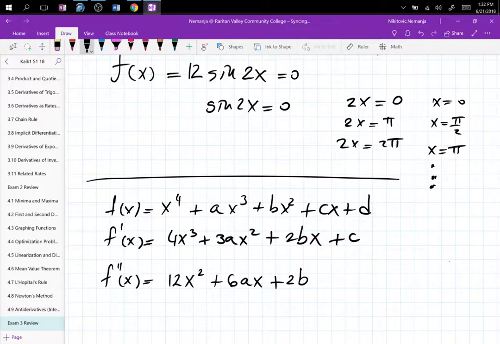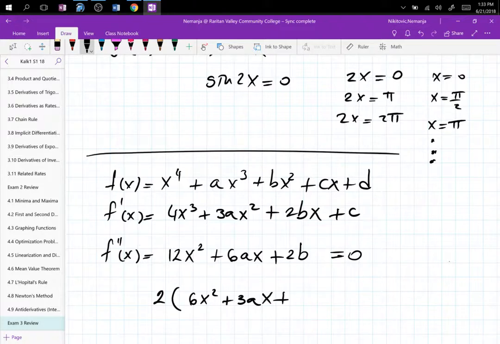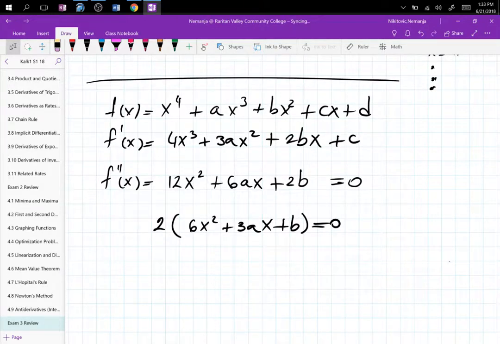Good. So now what you are supposed to do is set this equal to 0, right? Now when you set this equal to 0, first you're going to factor out 2. That is 6x squared plus 3ax plus b equals 0. There we go. And now you unleash the quadratic equation, and from there you will see exactly what's happening.